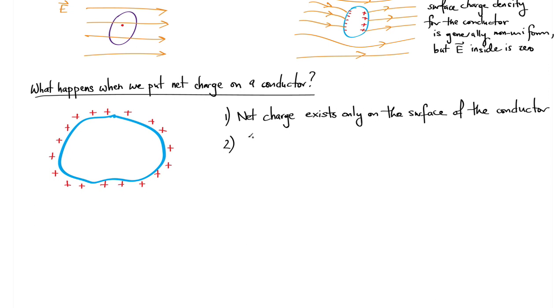Because of that fact, and just due to the fact that this is electrostatics, any little charge in here would not be moving. So that means that the electric field inside the conductor is still 0.